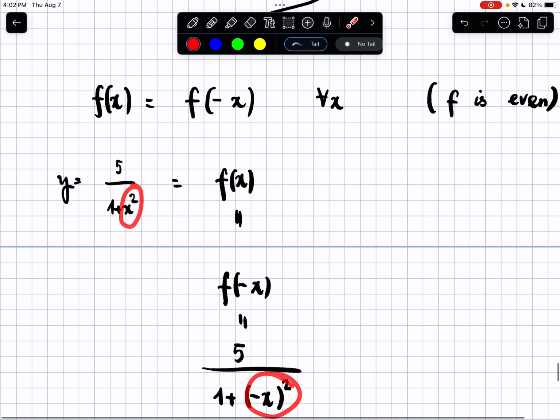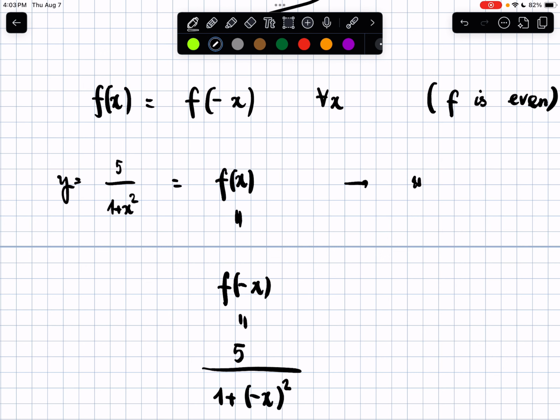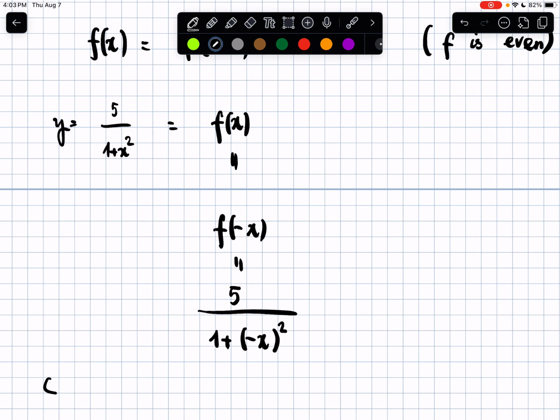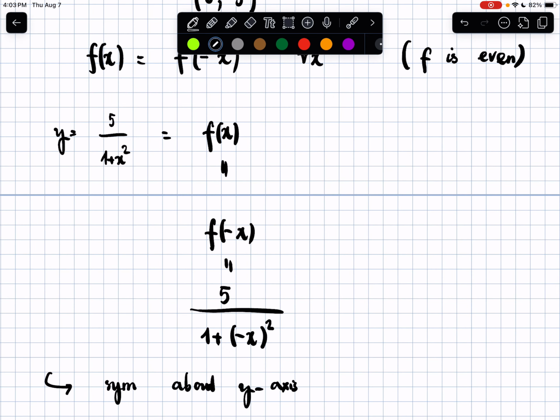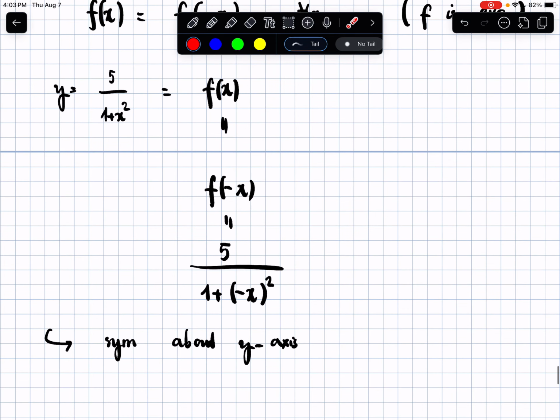This means the graph is symmetric about the y-axis. So we just need to graph half of it and then reflect about the y-axis, and we get the graph of the whole function.